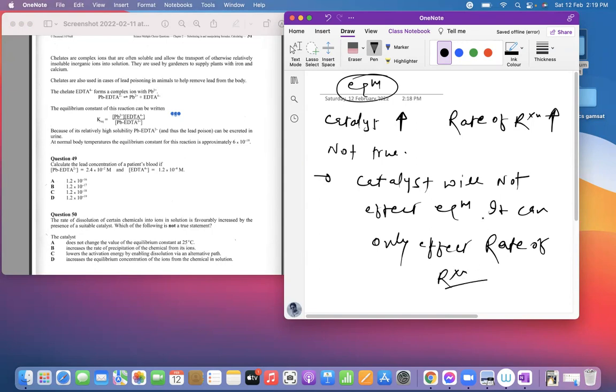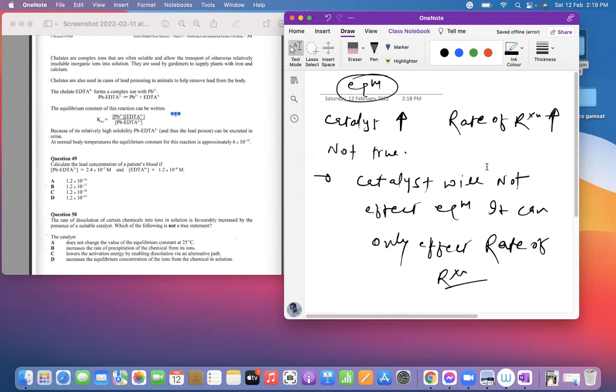So if you have any option where it does not change, that will be the right choice. Now you can see, option A: does not change the value of the equilibrium constant at 25 degrees centigrade. Absolutely fine, because a catalyst will not influence the equilibrium constant. So this is a true statement.